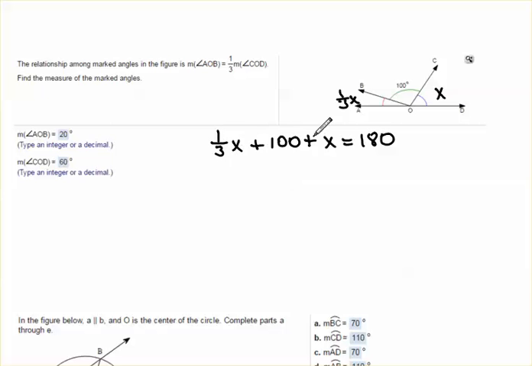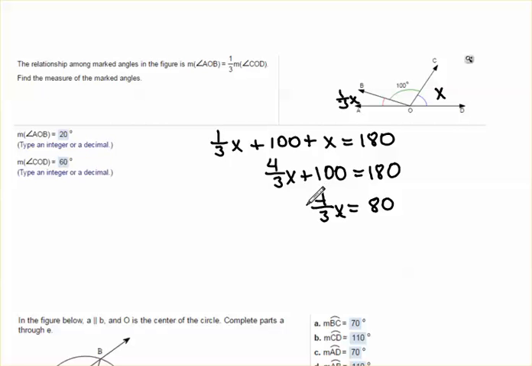So if I add together my x's, 1/3 x plus 1x, I could change that into 3/3. So that would be 4/3 x plus 100 equals 180. If I subtract the 100 from both sides, we get 4/3 x equals 80.